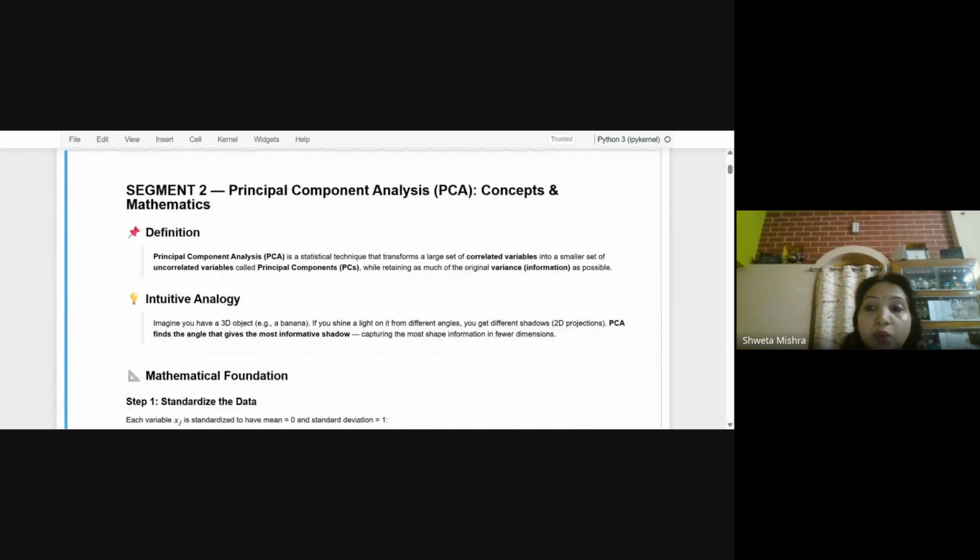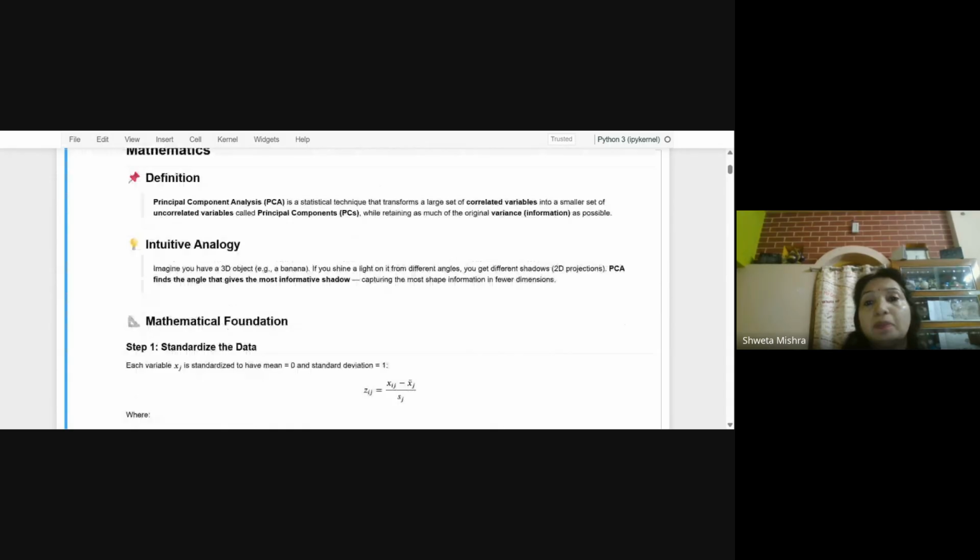So here, how the principal component analysis works, the definition, the understanding. Before going to the definition, let me make you understand how PCA works. Just assume that you have a 3D object, and for that 3D object you have to put some light so that you can get a shadow as a 2D object.